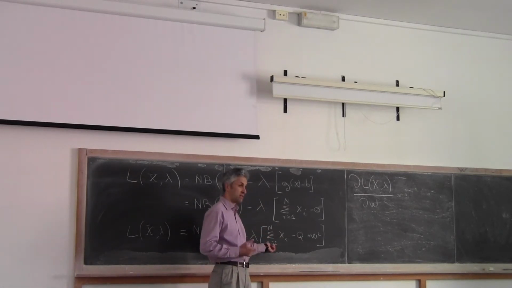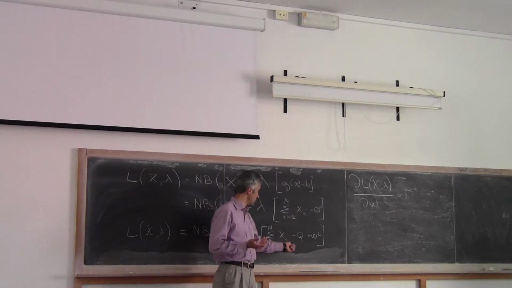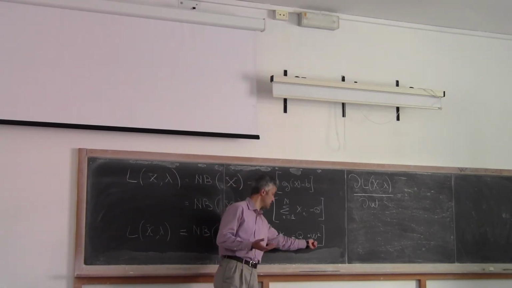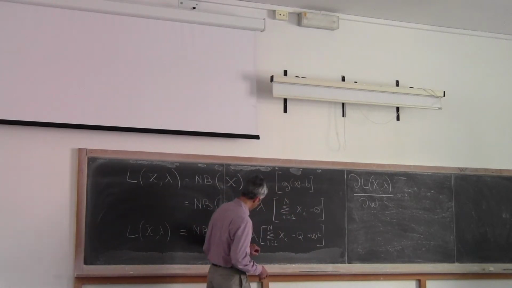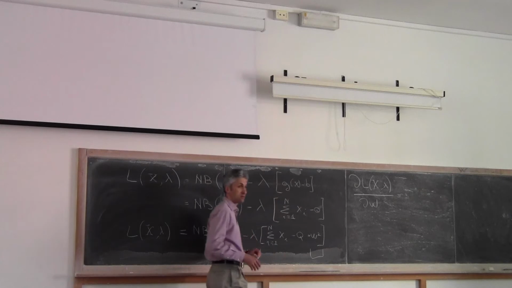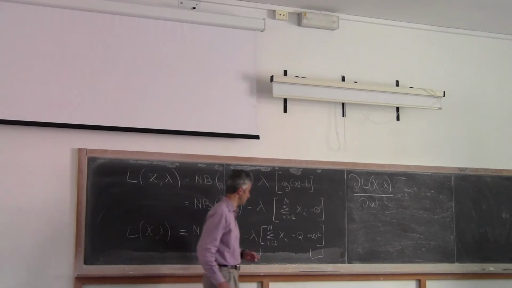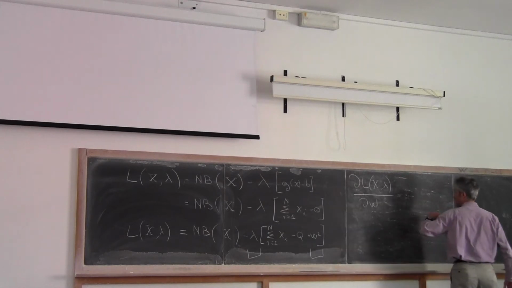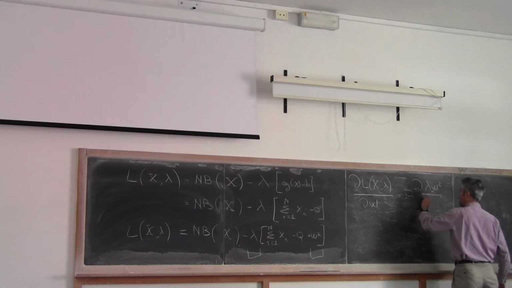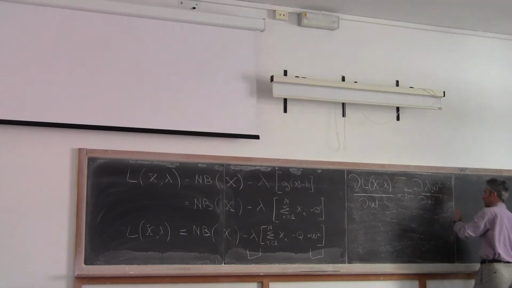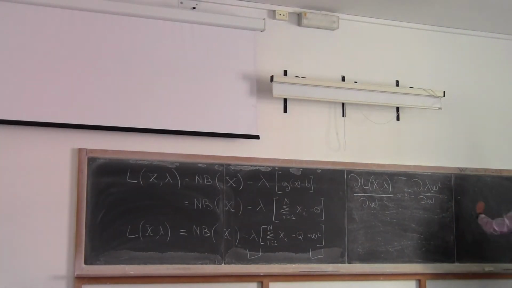The first term is the sum of the xi, which doesn't depend on W. The second term is q, which doesn't depend on W. The third term is W, which depends on W. So basically the derivative is given by the derivative of the product lambda W squared with respect to W. So we have minus, and then we can write the derivative of lambda W squared with respect to W, which is equal to minus 2 lambda W, which should be equated to 0.